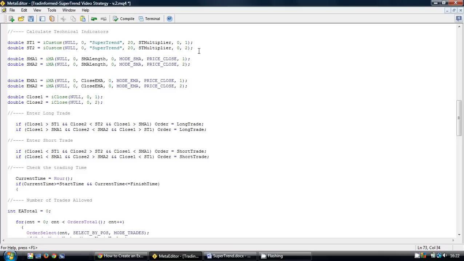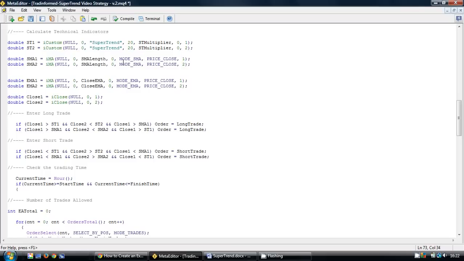If we go down to the next technical indicator, we've called it SMA 1 and 2, and this is an inbuilt technical indicator, iMA, which we can use to calculate a number of different types of moving average. We have to change the mode to tell it which type of moving average we want.